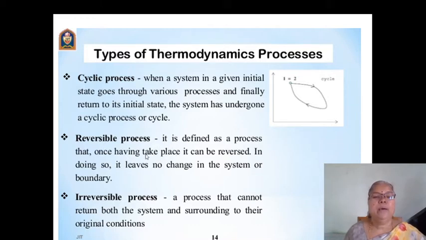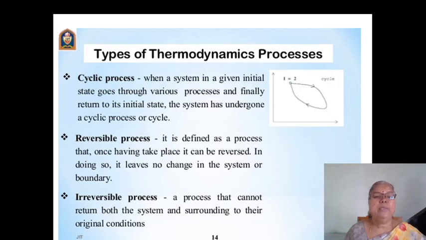Then the reversible process. A reversible process is a process in which there is an equilibrium between system and surrounding, and the temperature and pressure of the system remain always constant.